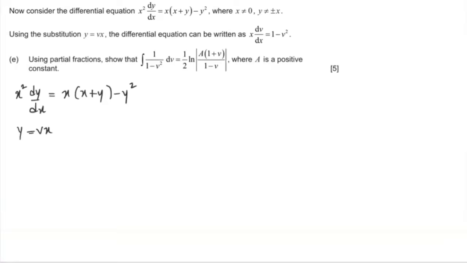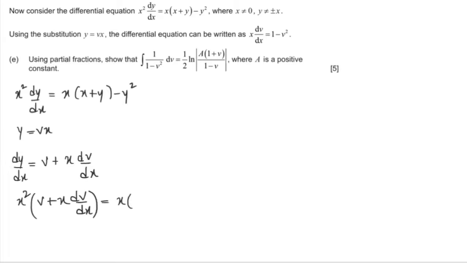So let's differentiate it. dy by dx can be written as v plus x dv over dx. So let's just substitute it in the equation, x squared times v plus x dv over dx. It's a good idea to solve it with me. You can pause and try these questions on your own, and you can always come back and check my work as well.